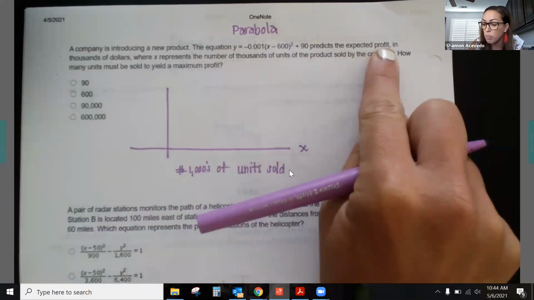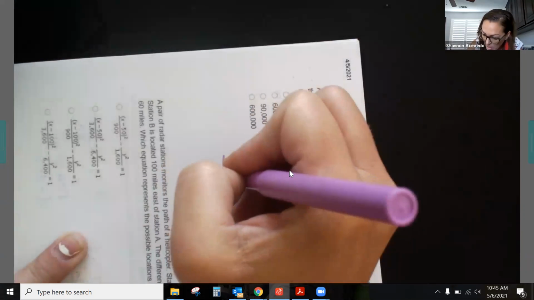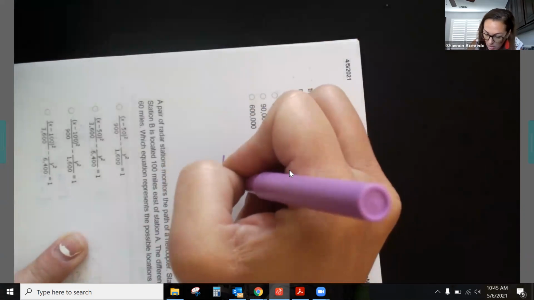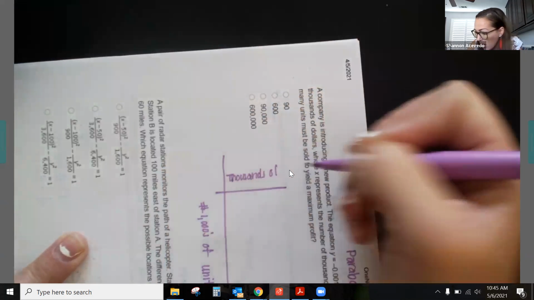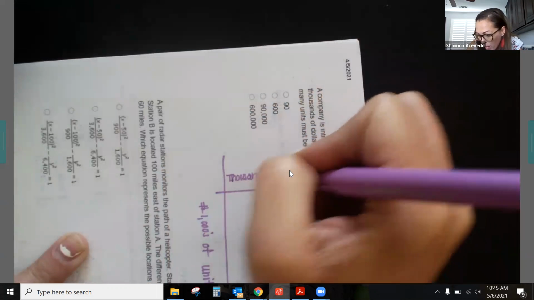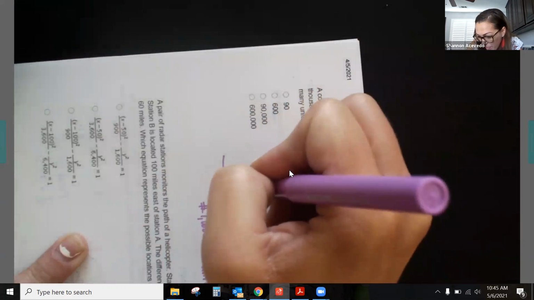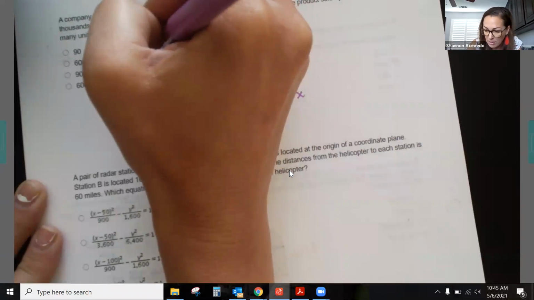So it's the expected profit in thousands of dollars. So my y-axis is going to be, sorry, I'm going to turn it while I write, thousands of dollars profit. Okay, so we're talking money here. This is my y-axis.